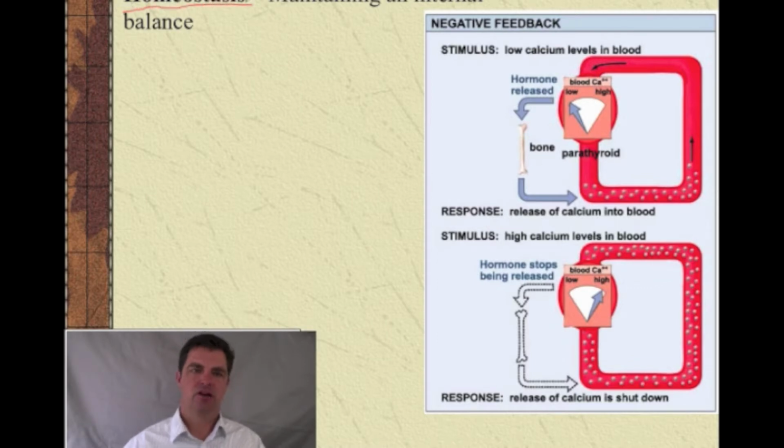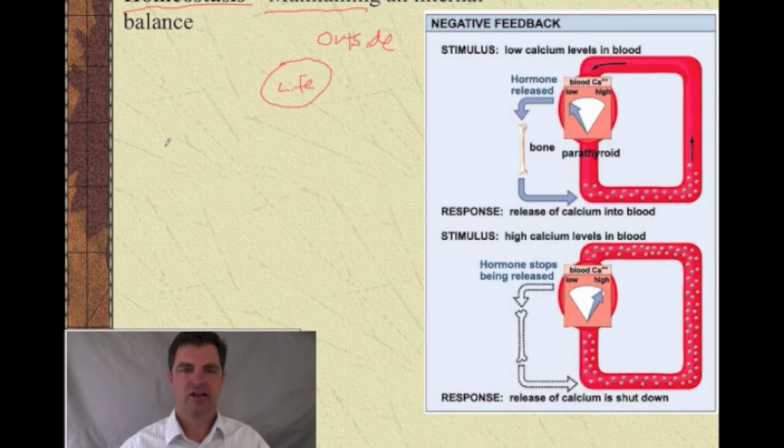The idea behind homeostasis is it's an internal balance, and maintaining that internal balance. If you have a living organism, the outside world, the environment, is constantly changing. But life has to stay within certain boundaries. This is just an example, it's not that homeostasis is only this, it refers to any of these kinds of scenarios.